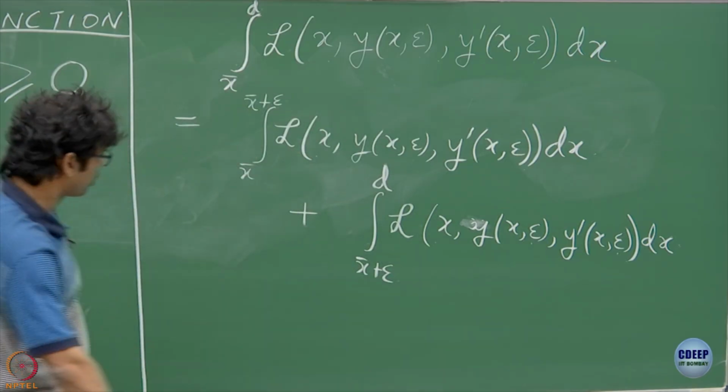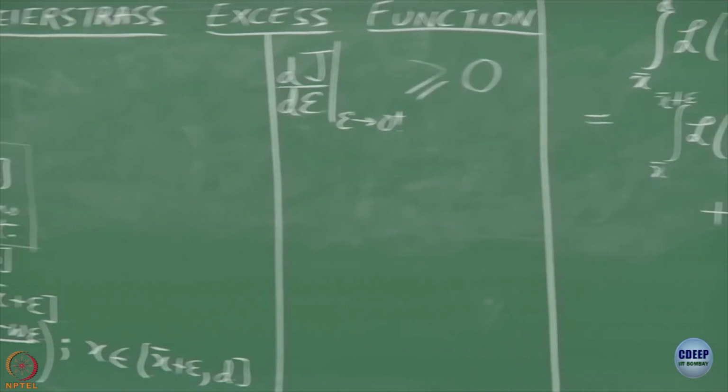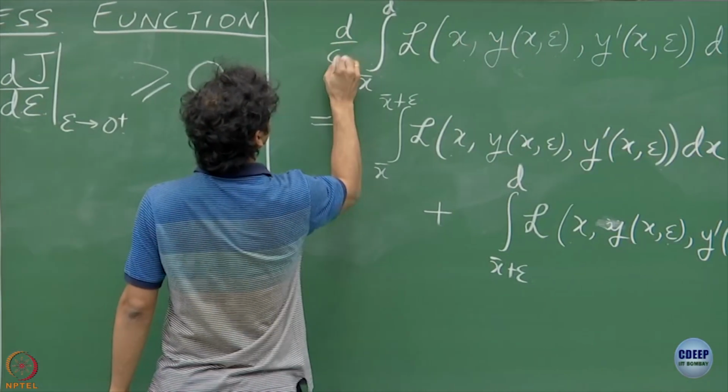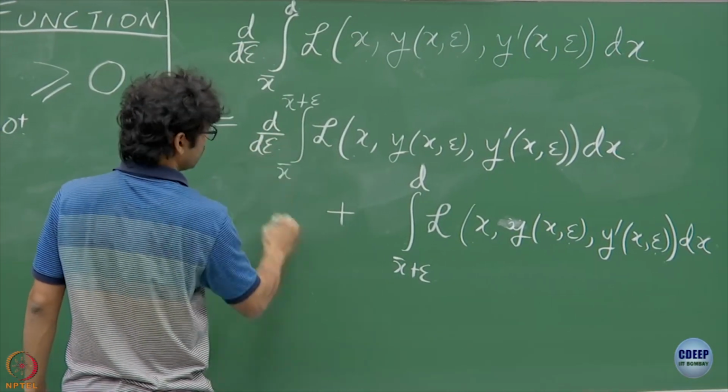It's pretty heavy in notation, but I'm sure you appreciate that beneath all this is not really very complicated. It's basically this orange curve that we are talking about. So when we do this d epsilon here, essentially this is what we are doing.